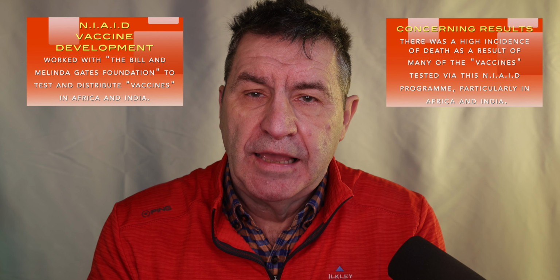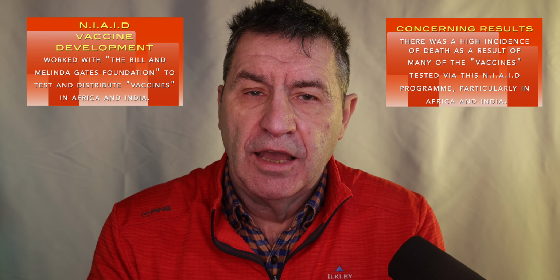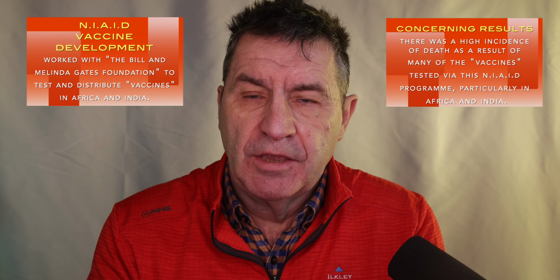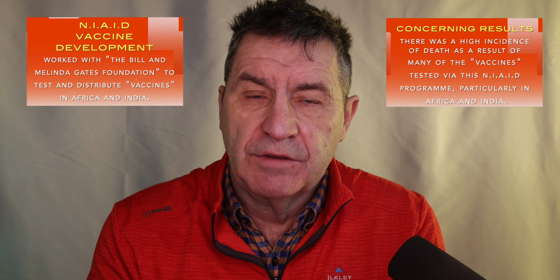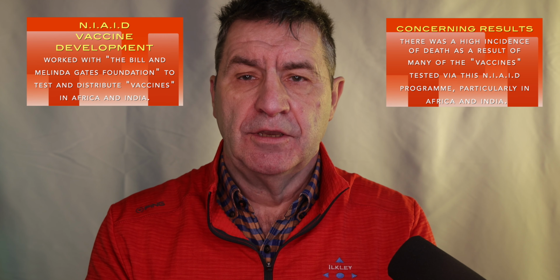Now, one of the other departments within the NIAID is the Vaccine Development Department. And Fauci, together with the Bill and Melinda Gates Foundation, attempted to roll out a number of different trials in Africa, in India, and basically in very suppressed areas.